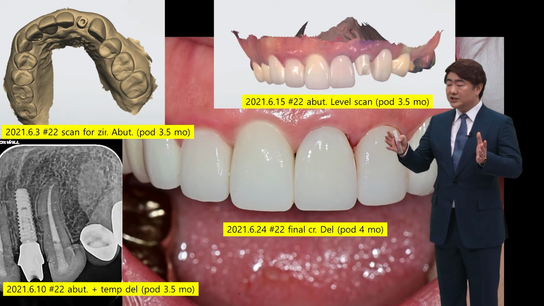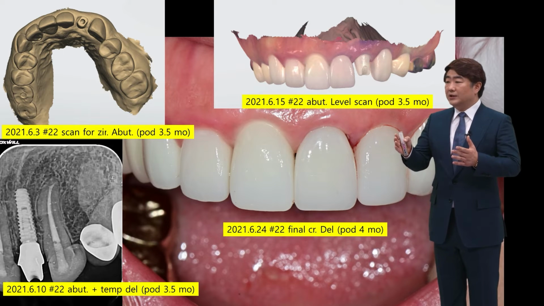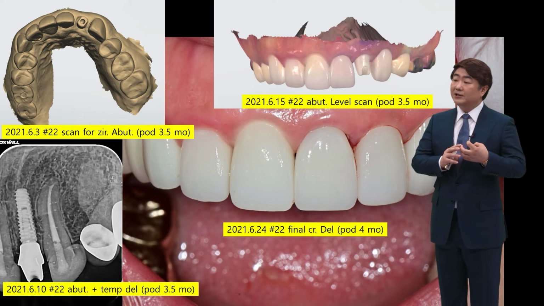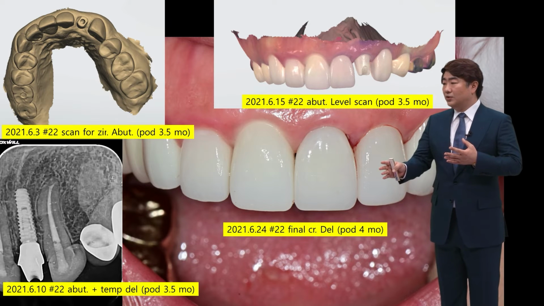So the molding period was only about 1 or 2 weeks. Then the final abutment was scanned on June 3rd and delivered on the 10th of June. And the temporary was also used, and the patient was quite satisfied. And on the 15th the abutment level was scanned, and on June 24th the final crown was delivered.